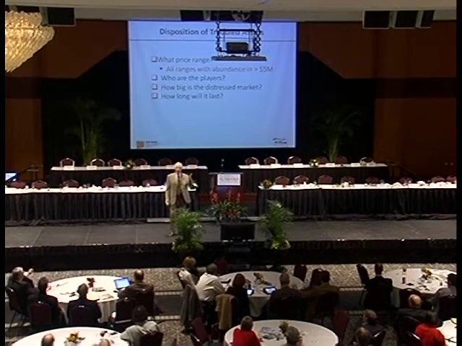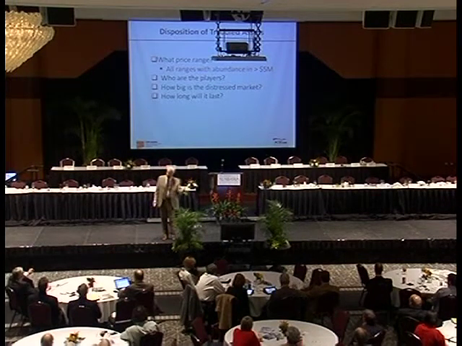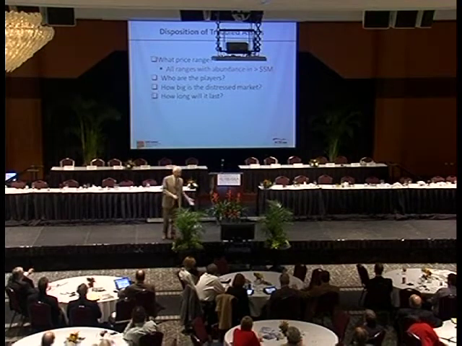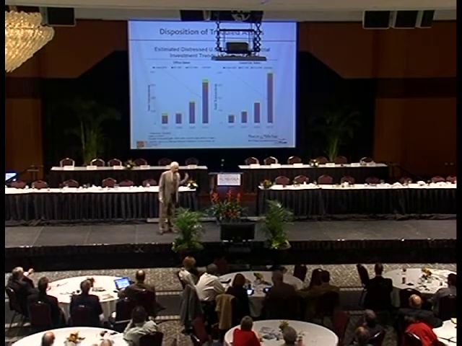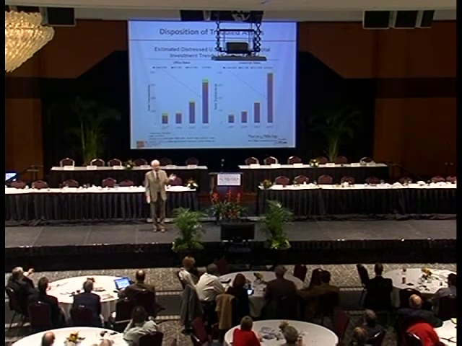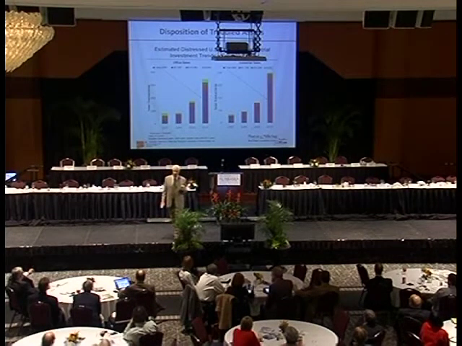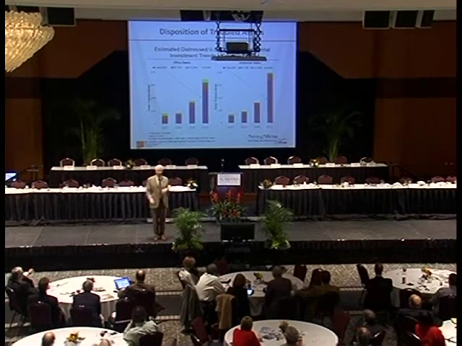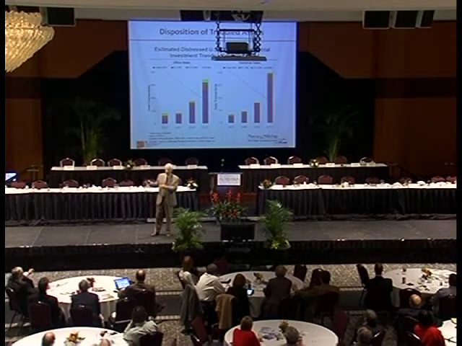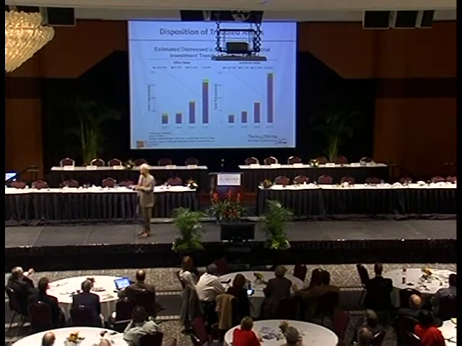So what are the price breaks? Where are the distressed assets? What are the prices that they're being sold at? This represents office sales and industrial sales in the distressed marketplace. And you can see the dark blue on the far right of each represents the 2010 sales.